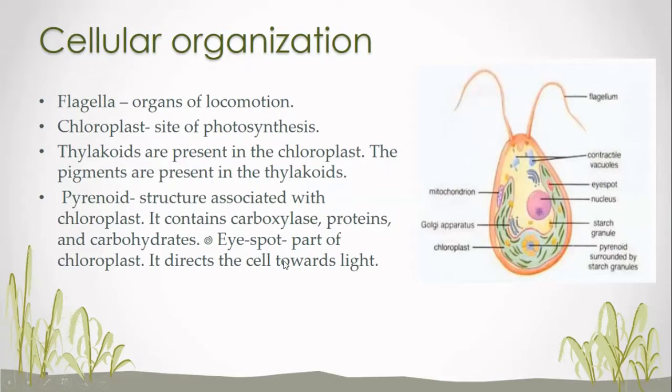Eye spot, part of the chloroplast. So it directs towards the light. So ang eye spot is a specialized sensory organ ng unicellular na protist to detect light. So munang na ay phototaxis. That is a reaction to a light stimulus.